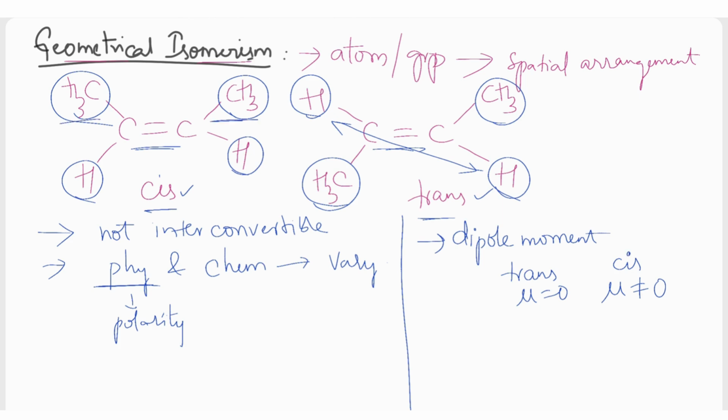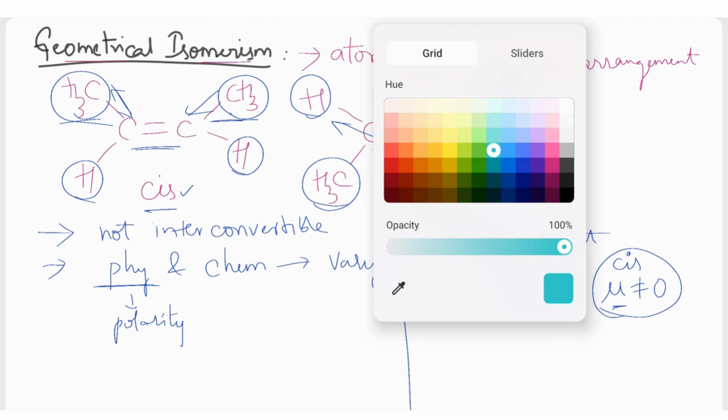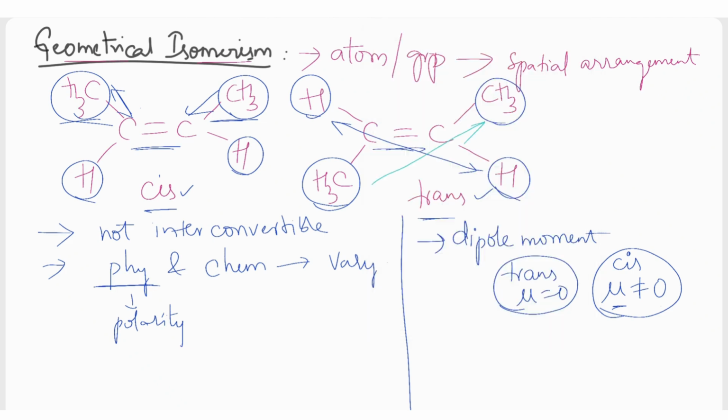The electron pull will be only on one side, in the downward direction, and in the other direction the electron density is low. For trans, the groups are on opposite sides, so the pull of electrons will be equal and opposite in direction. So the dipole moment of cis molecules is not equal to 0, and the dipole moment of trans molecules is equal to 0.